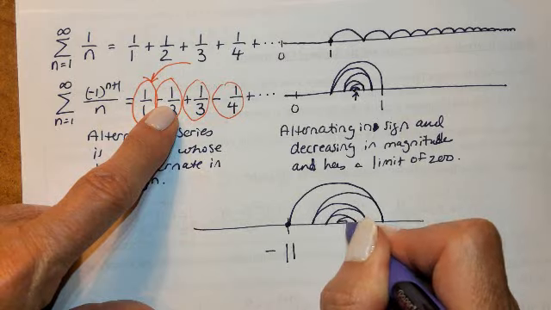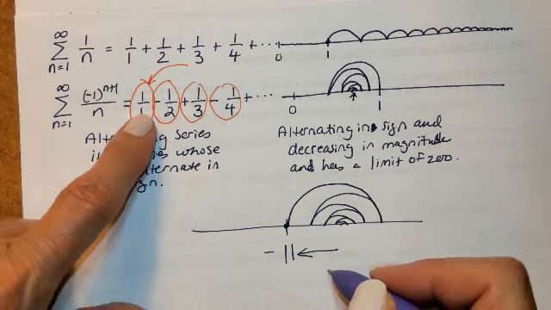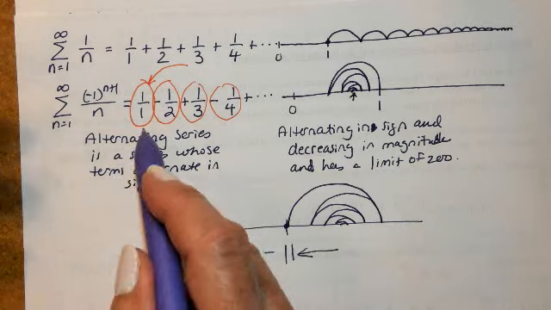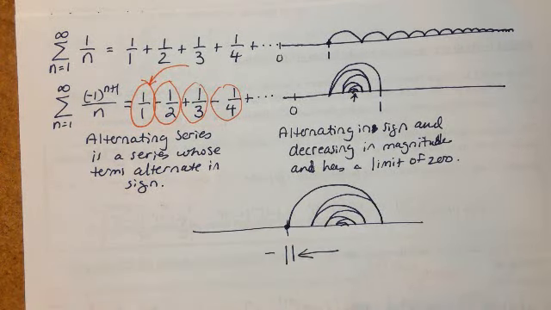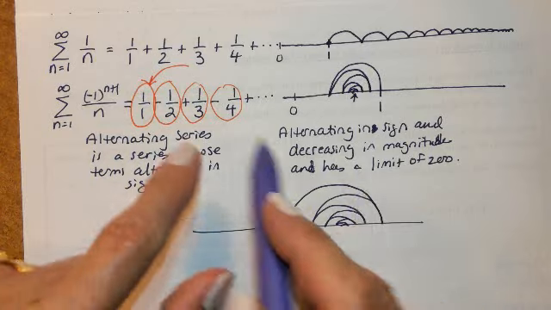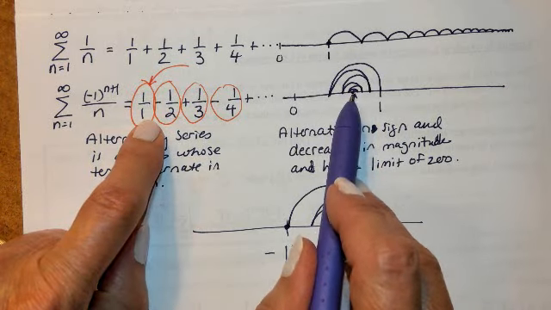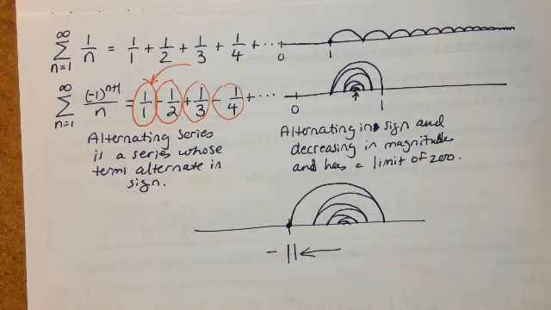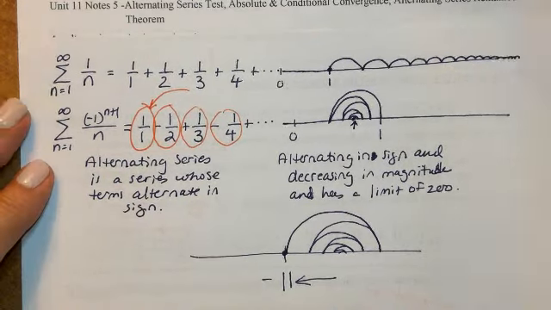So your answer would be bigger than that number if it was negative. If it starts negative, your answer will always be a little bit larger than that value. If it starts positive, though, it will converge to something a little bit less than that. Okay? All right. So that's really all an alternating series test is doing.